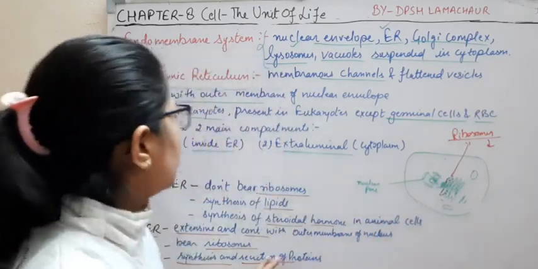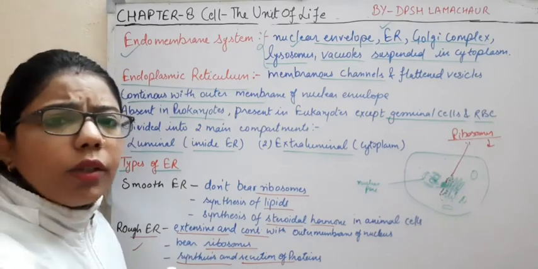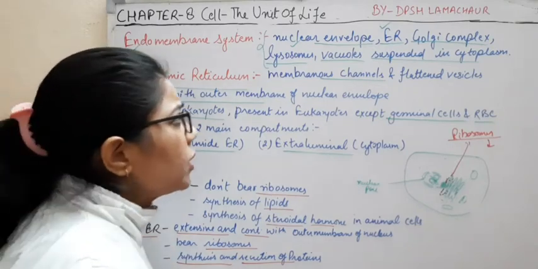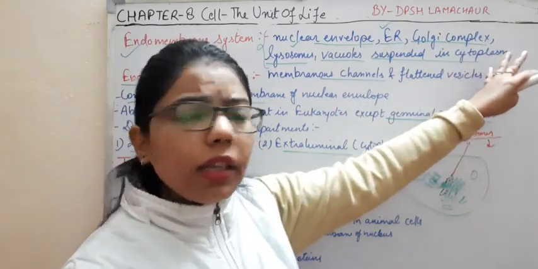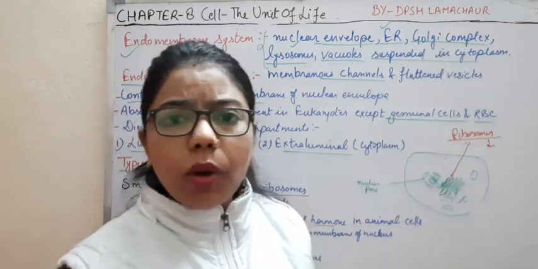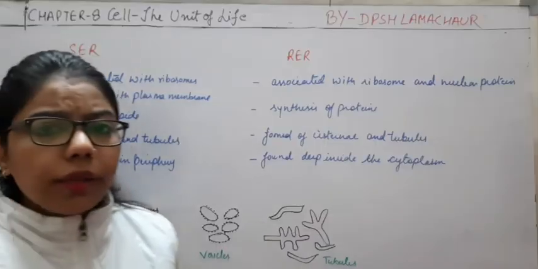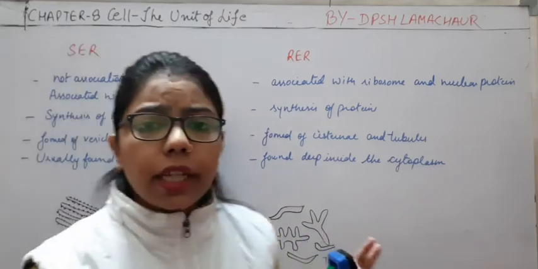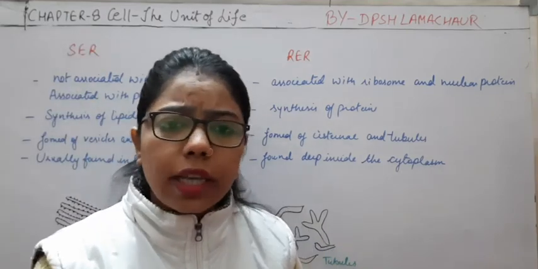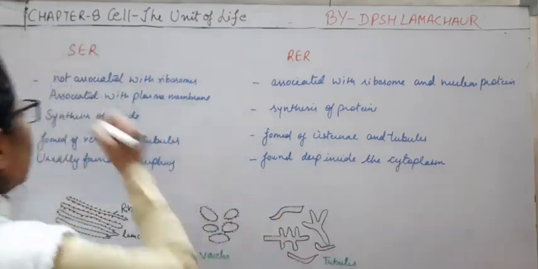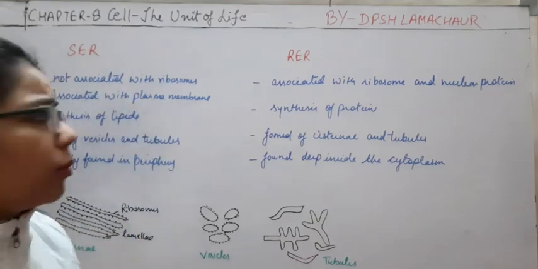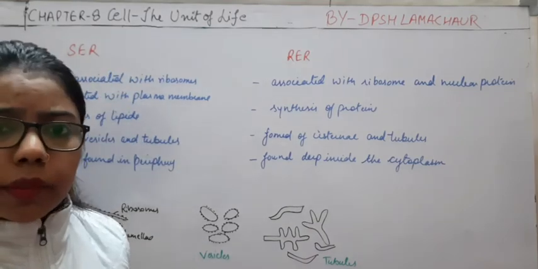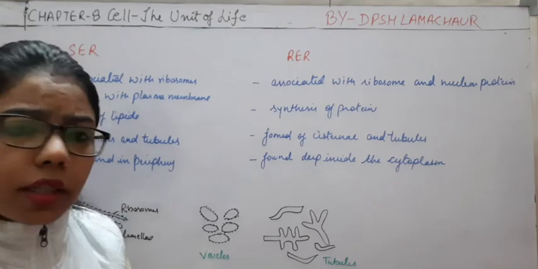So we have done about the features of the endoplasmic reticulum. Like this, we will study about each and everything. Okay, we will talk about the Golgi complex in the later section. Here, in the simpler form, we will understand what is the difference between these two, as we have discussed here. The first one, not associated with the ribosomes in the smooth endoplasmic reticulum, because the surface is smooth.